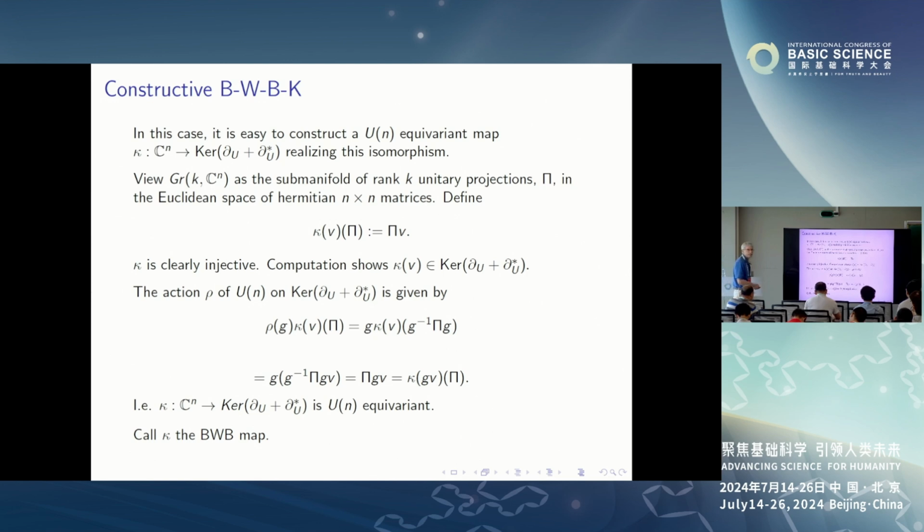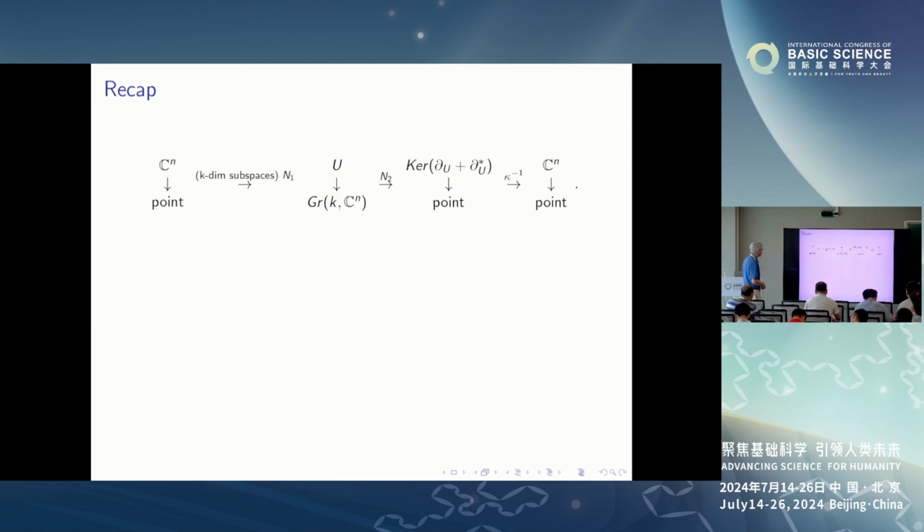So we'll be hitting this multiple times. Let's recap what we've done. I started off, in this last example, with the vector space C^n. For generalization purposes, I'll think of that as a vector bundle over a point. Then I associated to that the space of all k-dimensional subspaces of C^n and the canonical bundle over that.